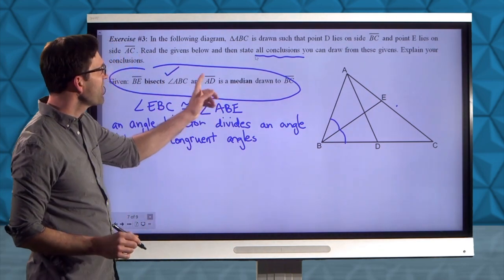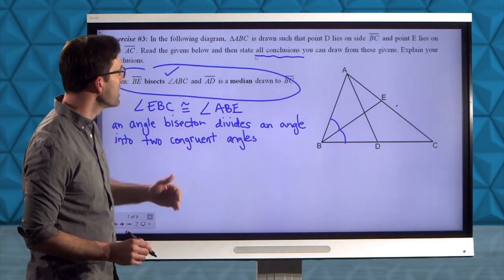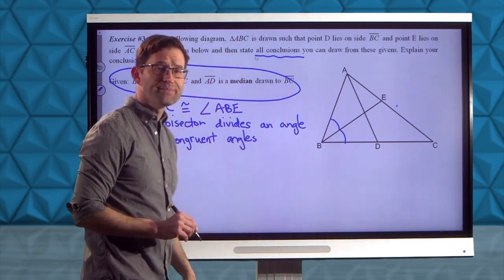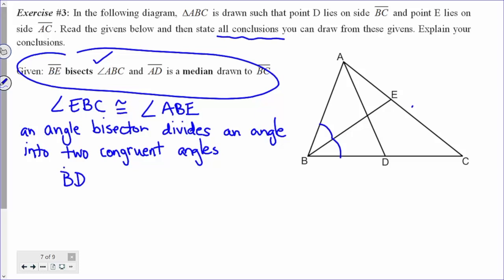Now, how about the fact that AD is a median drawn to side BC? Well, what can we say there? We can say BD is congruent to CD. This length is congruent to that length. And again, why is that?